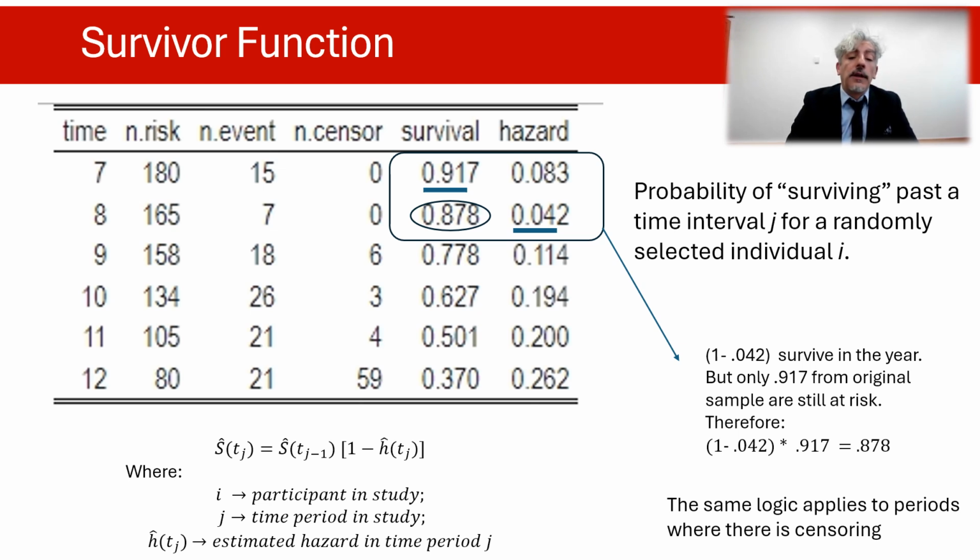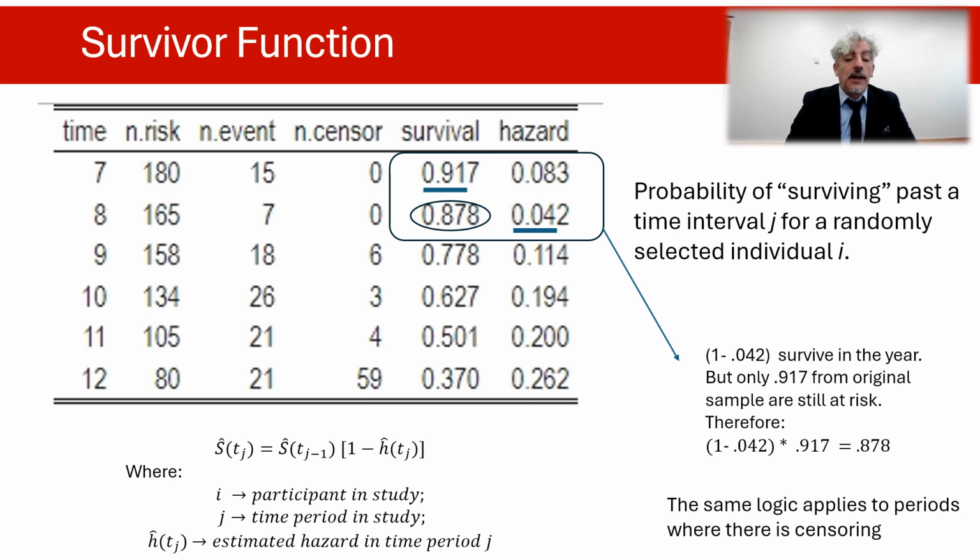Here I also include the formal expression of this survival function, and basically the same logic that I've used with interval 8, with time 8, can apply when there is censoring. For example, the survival function in year 12 is 1 minus 0.262, the hazard function, multiplied by 0.501, so the risk set in the previous time interval.